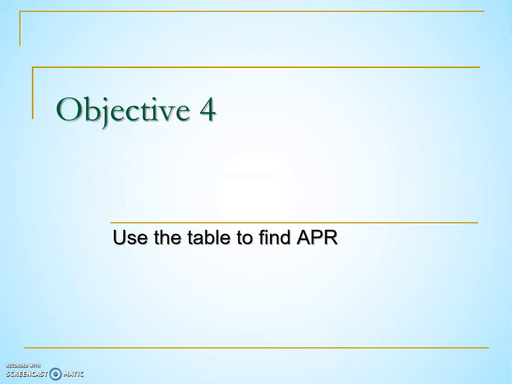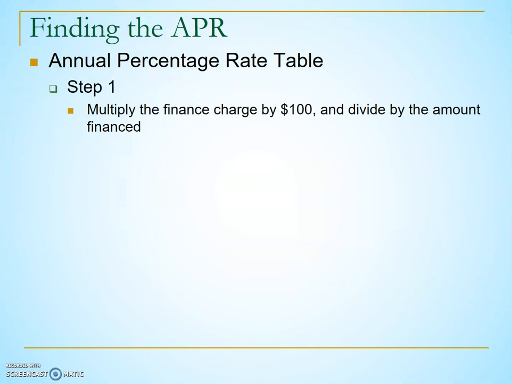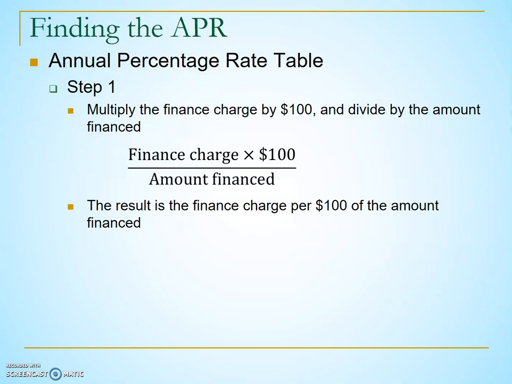The second way to calculate the APR is through the use of a table. Before going to the table, we must first multiply the finance charge by $100 and then divide by the amount financed. This result gives us the finance charge per $100 of the amount financed.